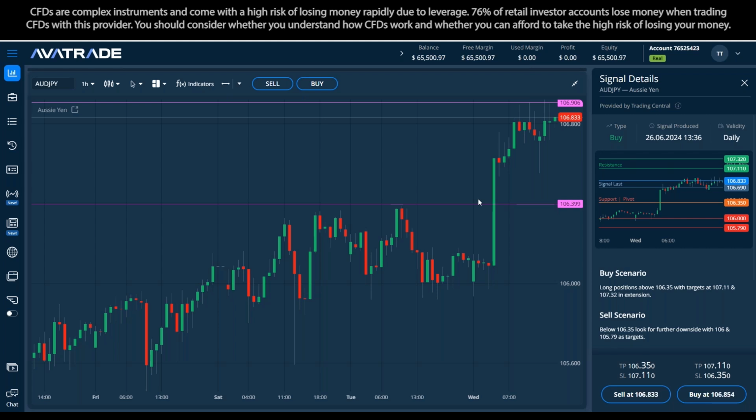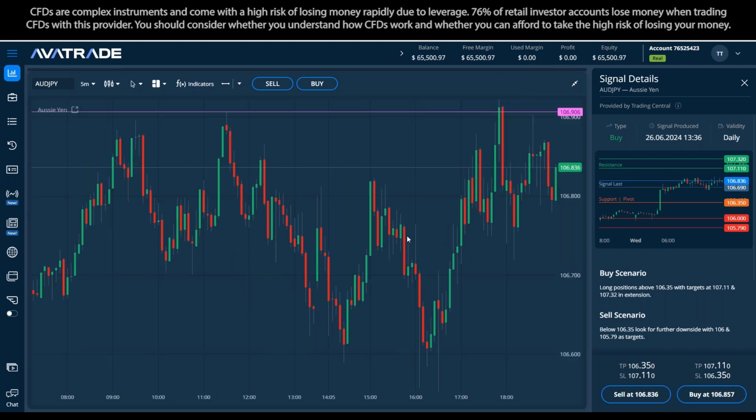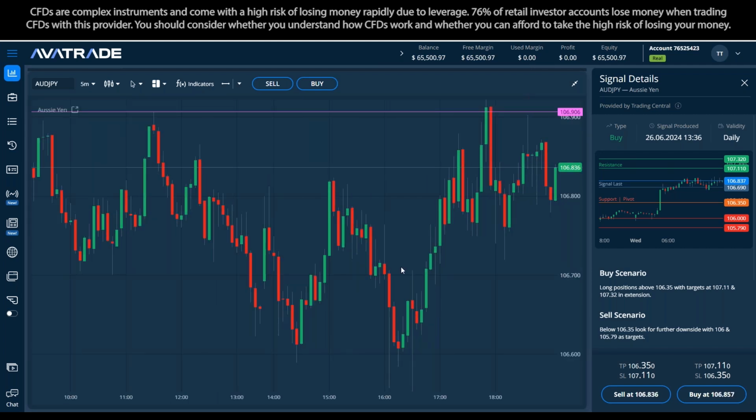Okay. Now, it does look like it's not done trying to push up. It keeps testing, testing, testing. So what you could do in this circumstance, if you were looking, say, to short this instrument, is then go to smaller candles and take a look and say, okay, if it starts to downtrend, then maybe I'm interested in this. But it has to maybe confirm in your mind that there's a downtrend that's starting.